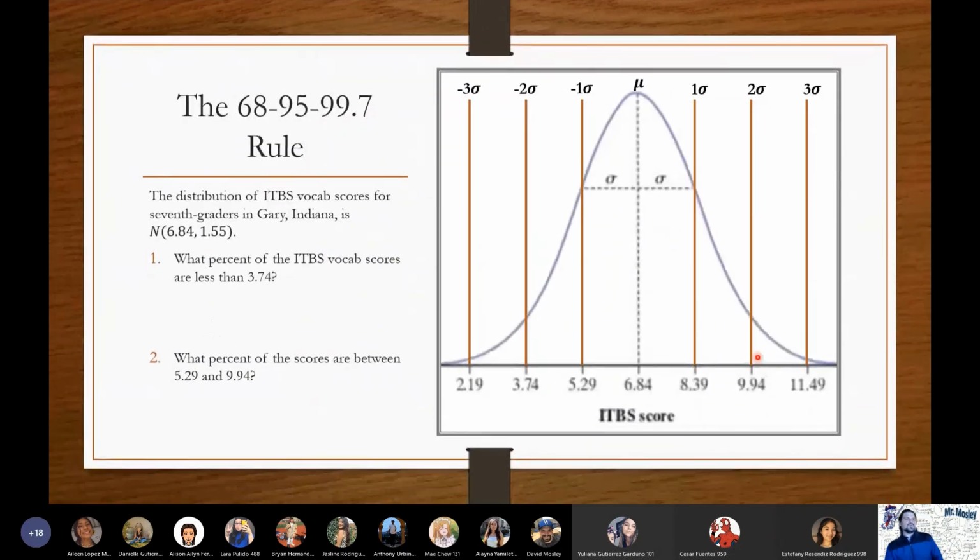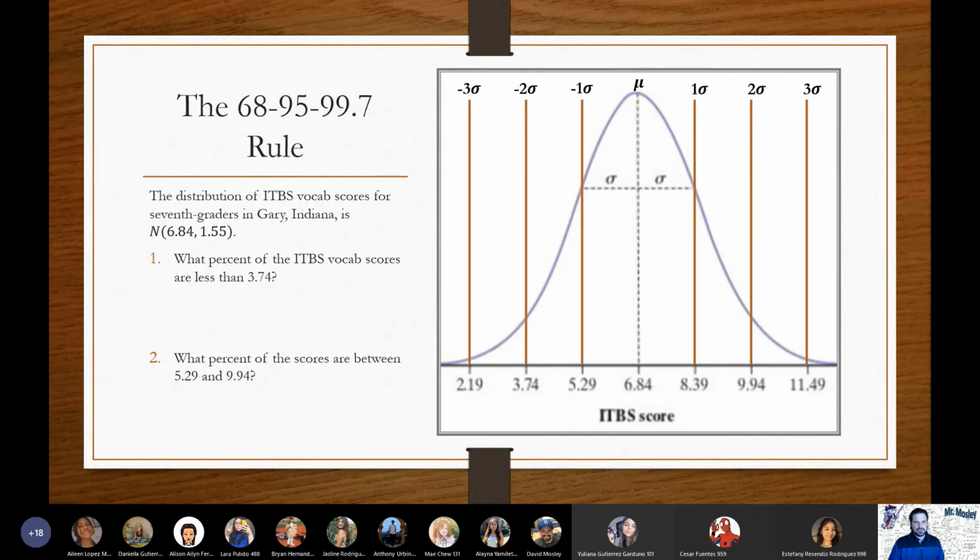So here we go. We're looking at our same ITBS score graph. We've got our standard deviations marked along the top, and the actual numbers that correspond to those standard deviations along the bottom here. We're going to use this to answer some questions. And we're also given our notation N(6.84, 1.55).